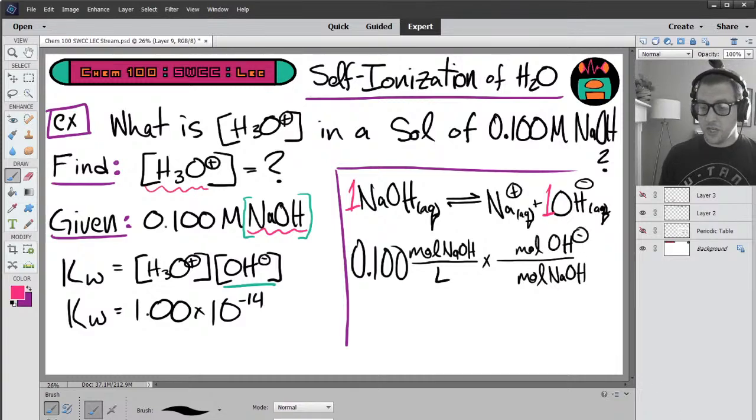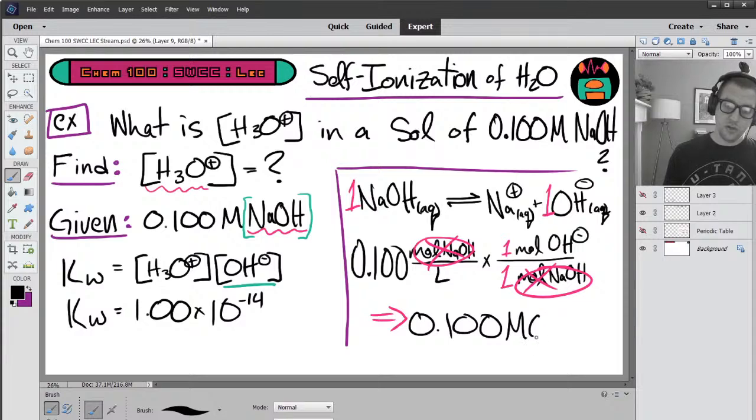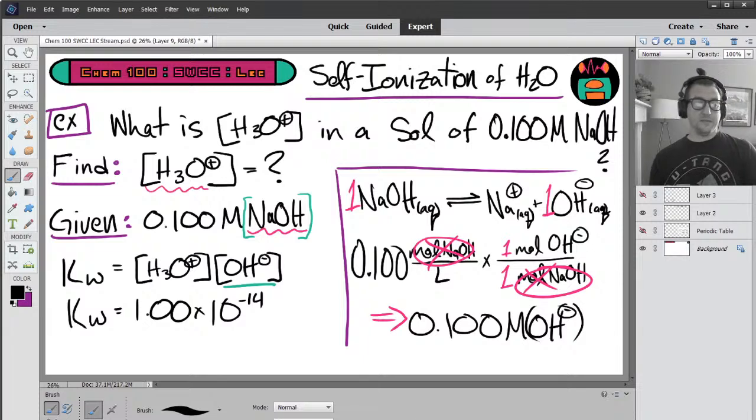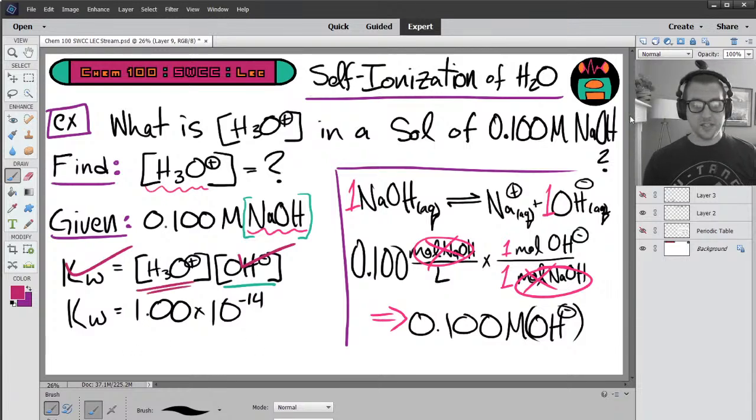Because it's a 1-to-1 ratio in the balanced chemical equation, we can cancel moles of sodium hydroxide, which leaves us with 0.100 molar hydroxide. So at this moment in time, we just found our molarity of hydroxide. We know Kw. We can solve for our concentration of hydronium.